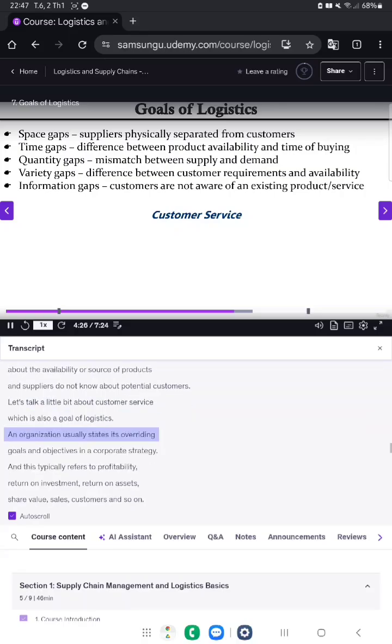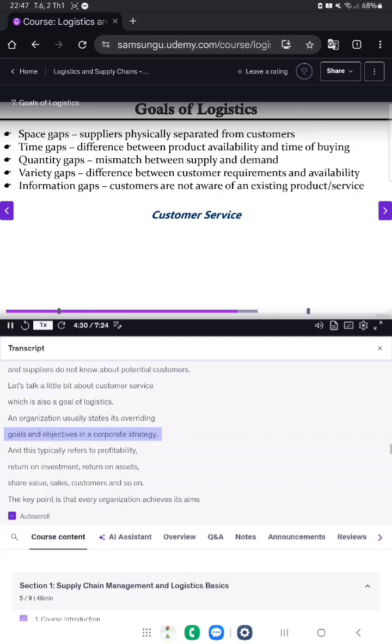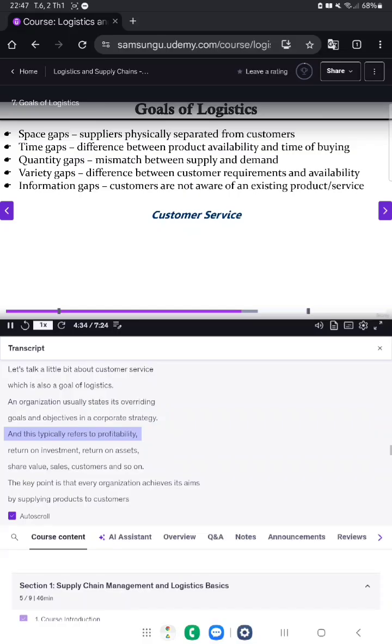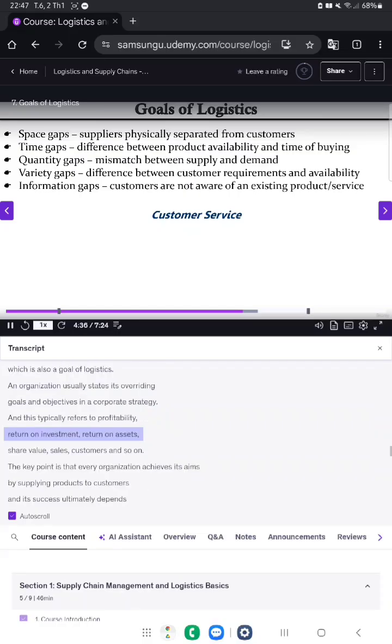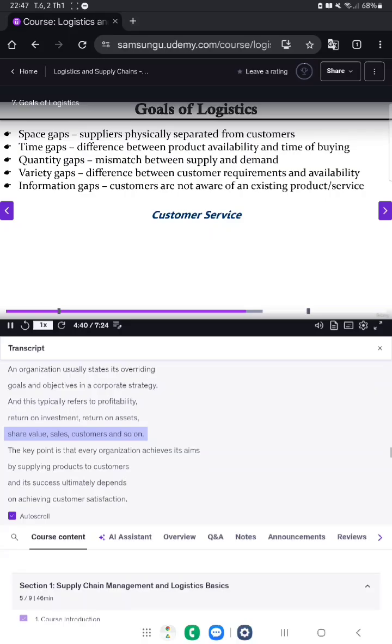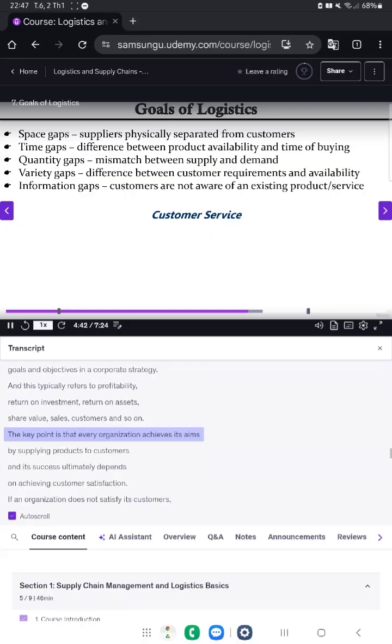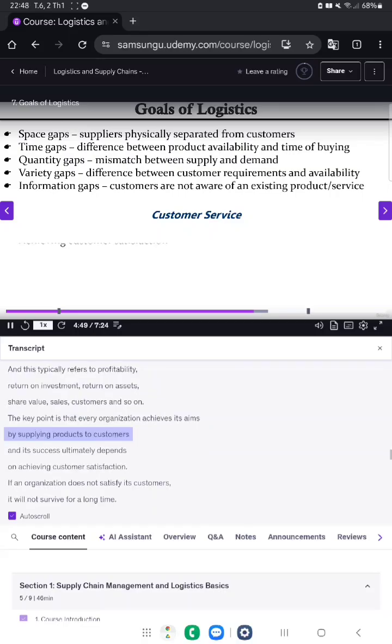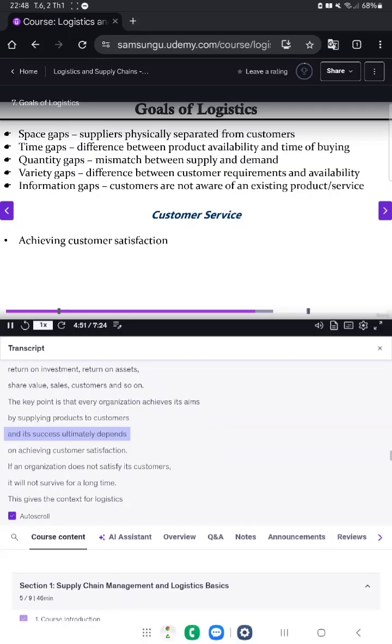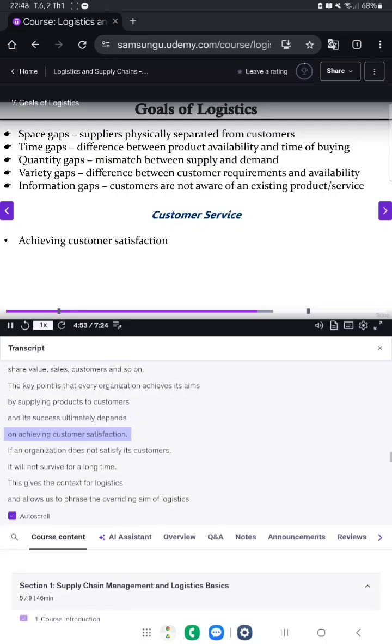An organization usually states its overriding goals and objectives in a corporate strategy, and this typically refers to profitability, return on investment, return on assets, share value, sales, customers, and so on. The key point is that every organization achieves its aims by supplying products to customers, and its success ultimately depends on achieving customer satisfaction.